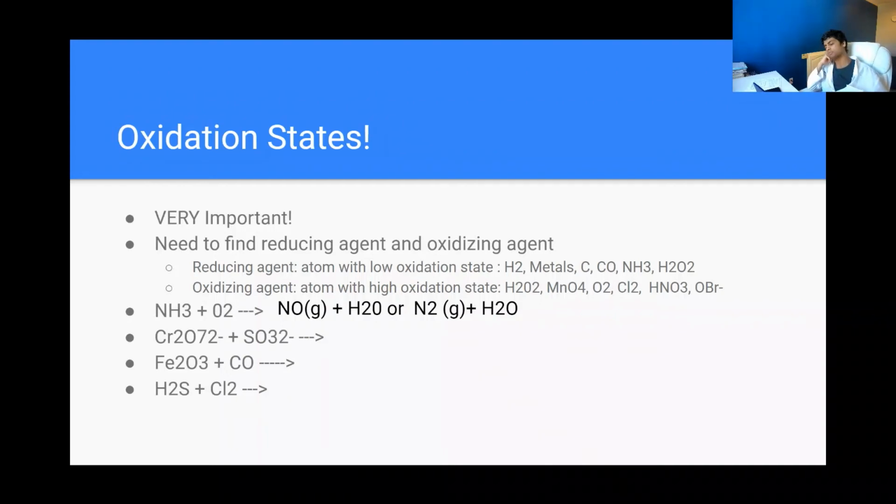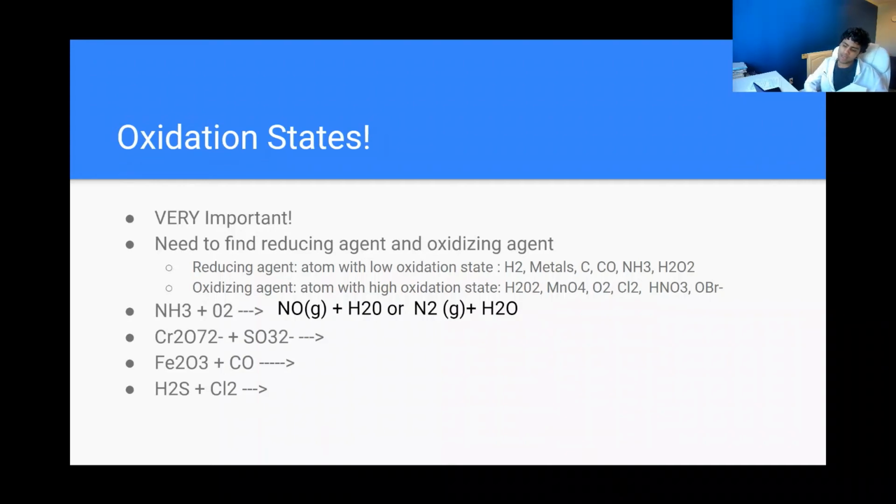Let's take a look here. So you have dichromate, in which chromium has an oxidation state of +6, and sulfite has an oxidation state of +4. Predict the reaction. What will happen? We know that sulfur can have an oxidation state of +6 also, in the form of sulfate.